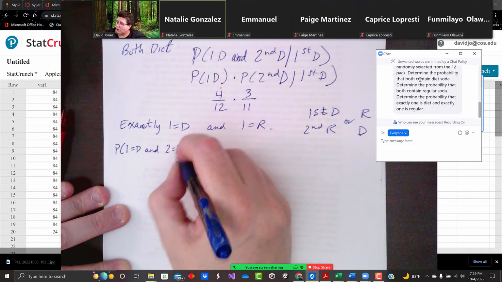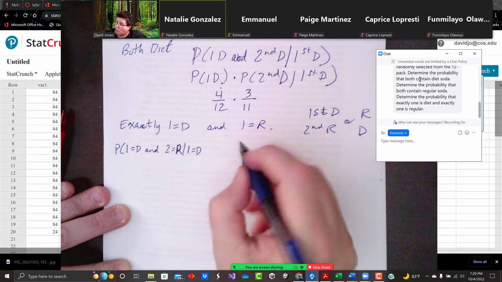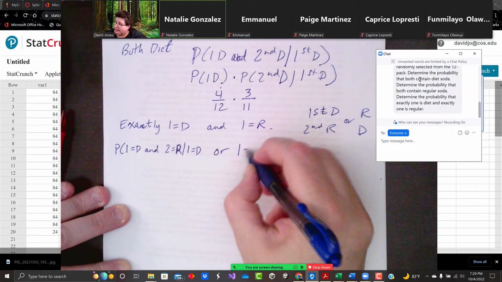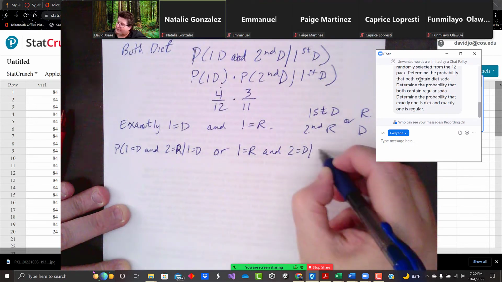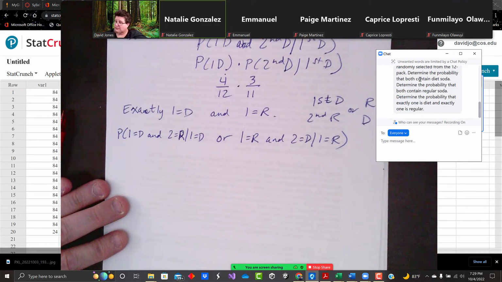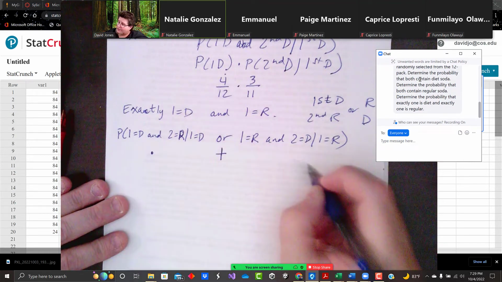So the second is regular given the first is diet. Or, either one, the first one is regular, and the second one is diet given that the first is regular. So the "or" turns into plus, the "and" turns into multiply.